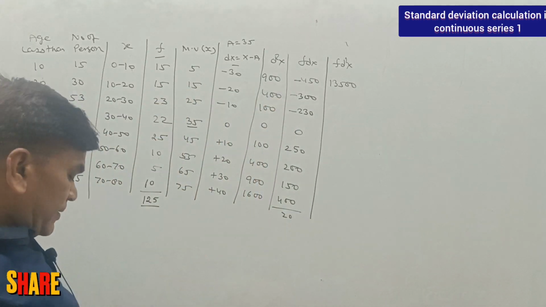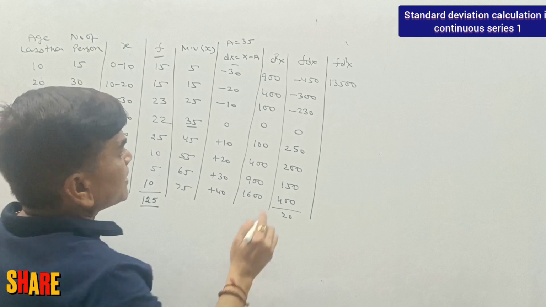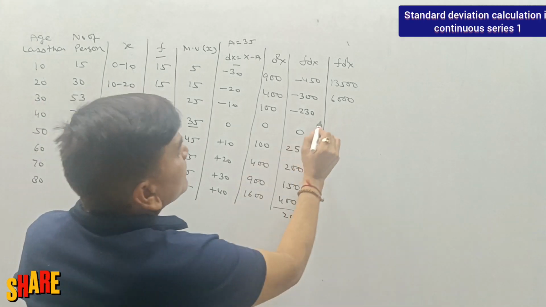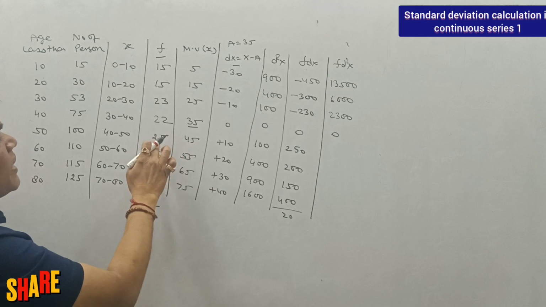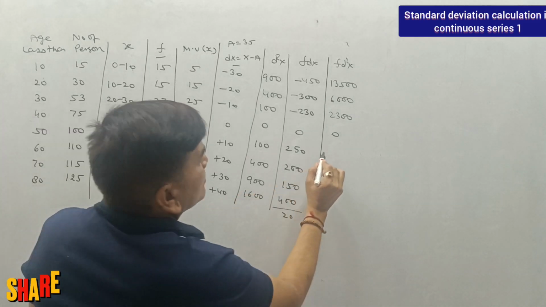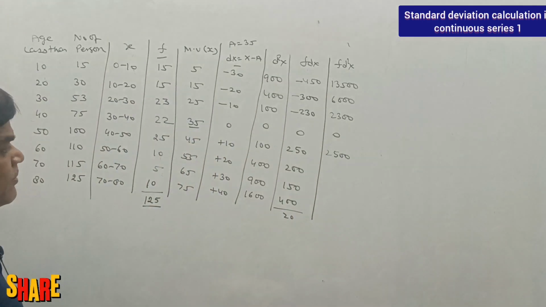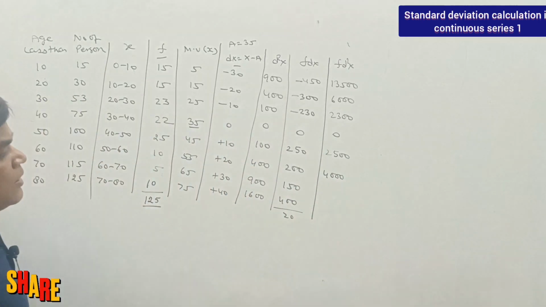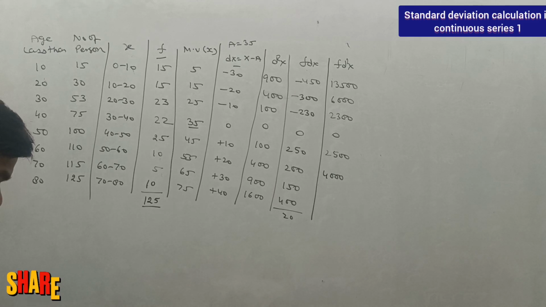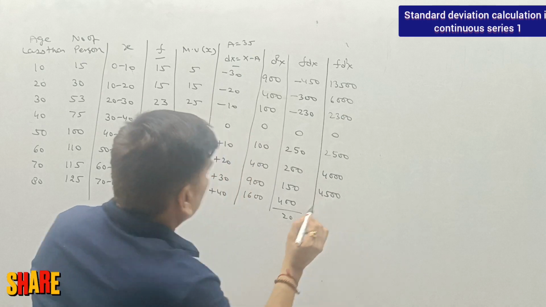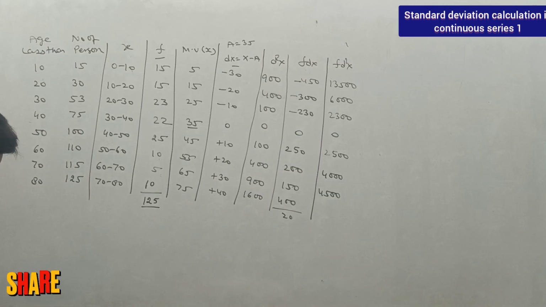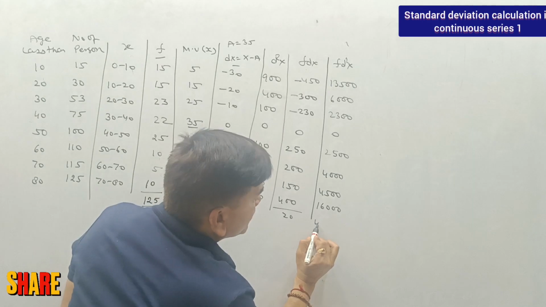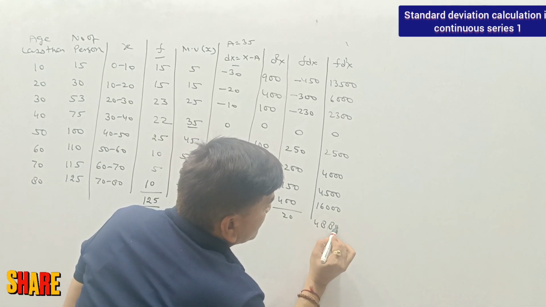Next, 400 multiplied by 15 is 6000. 100 multiplied by 23 is 2300. 100 multiplied by 25 is 2500. 400 multiplied by 10 is 4000. 900 multiplied by 5 is 4500. 1600 multiplied by 10 is 16,000. So the total is 48800.